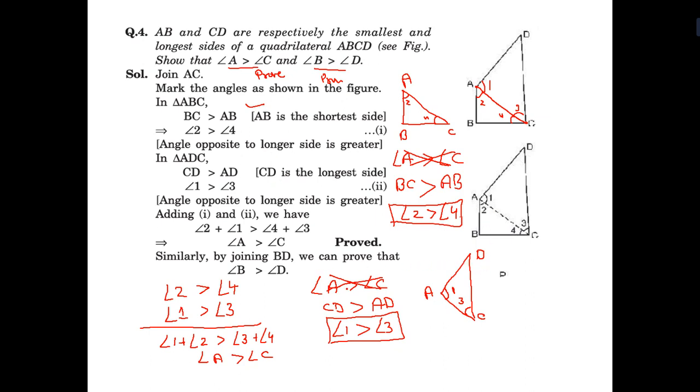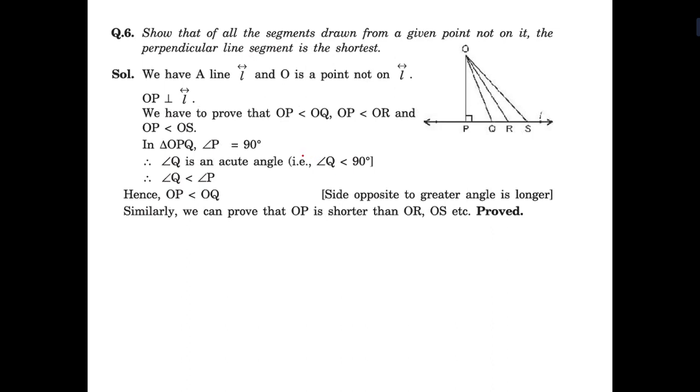We cannot use angle A greater than angle C because that is what we have to prove. So in ABC, BC is greater than AB because AB is the shortest side. Same thing in ADC, CD is greater than AD because CD is the longest side. Now we go for the next, fifth and sixth sums, two sums remaining.